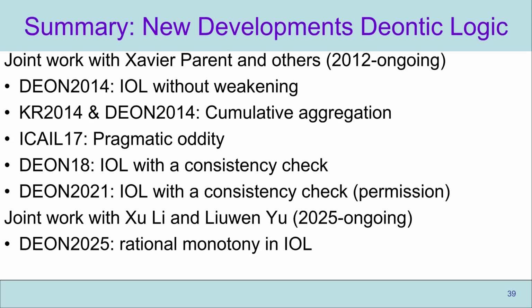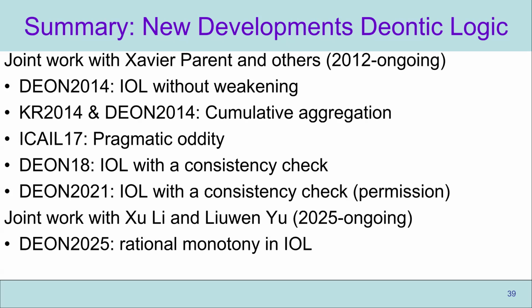Then, of course, in 2014, things changed. In the 10 years in between, I was building normative multi-agent systems and using them. We were interested in norm change, so how can you deal with the change of systems? We needed some more expressive power, so the logic became a bit weaker, and just by dropping weakening we could do quite a bit.